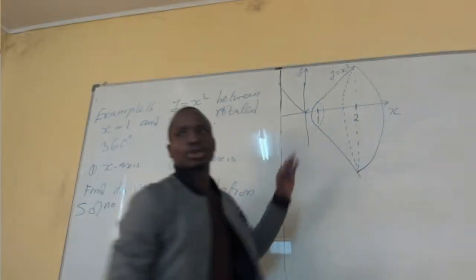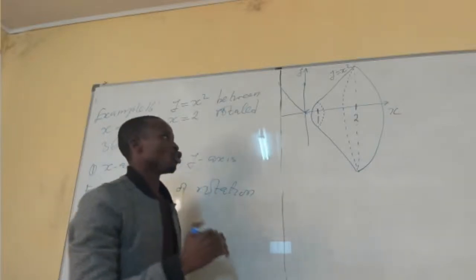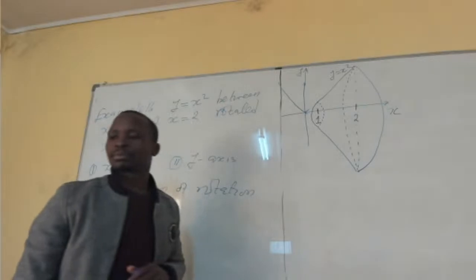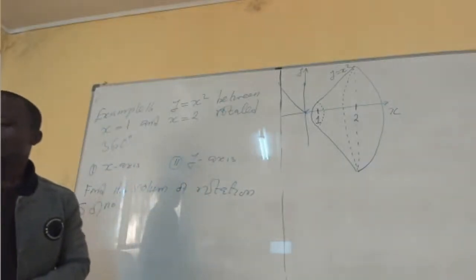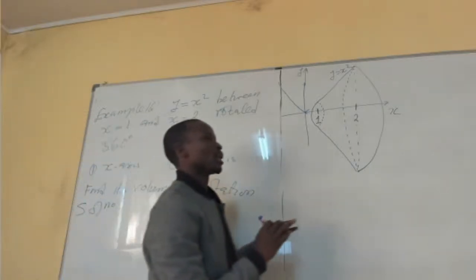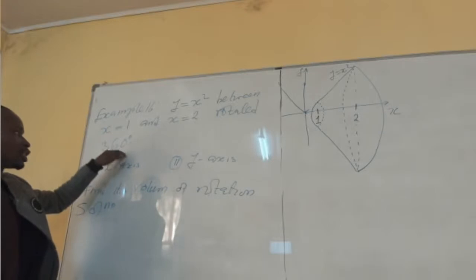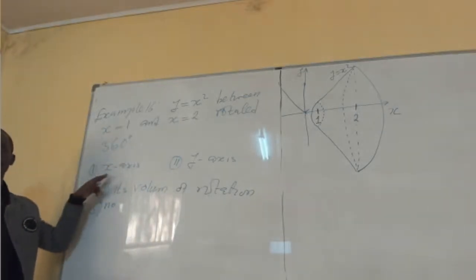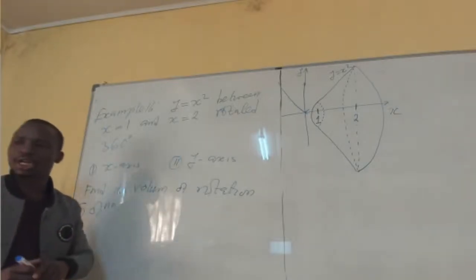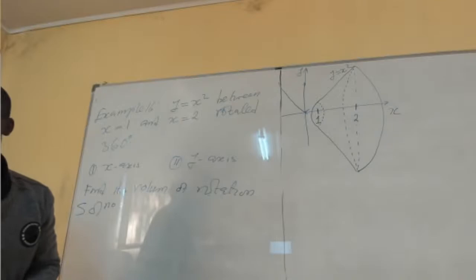That is the portion they want us to find the volume of revolution of. Now, how can we compute that? This is a situation where the rotation is with respect to the x-axis.